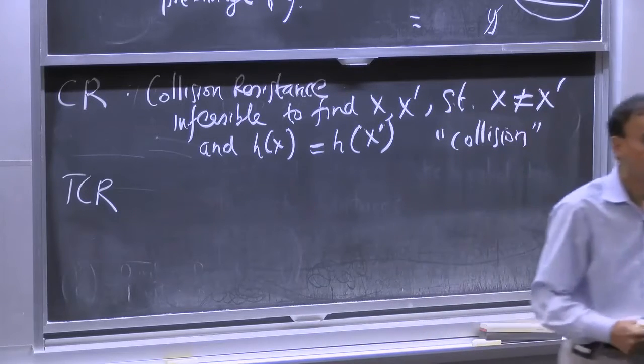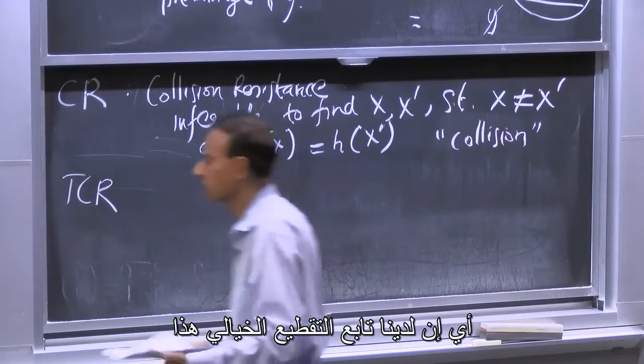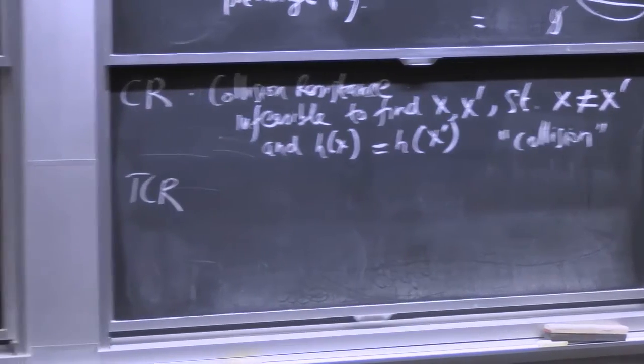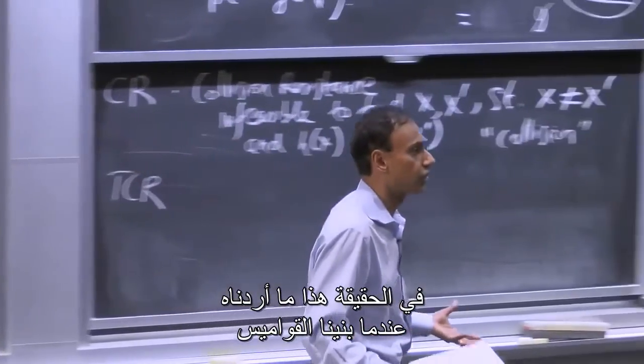Okay? And let's just say you have this crazy hash function where you can't discover collisions, right? Well, that'd be absolutely wonderful. In fact, that's what we wanted when we built dictionaries.